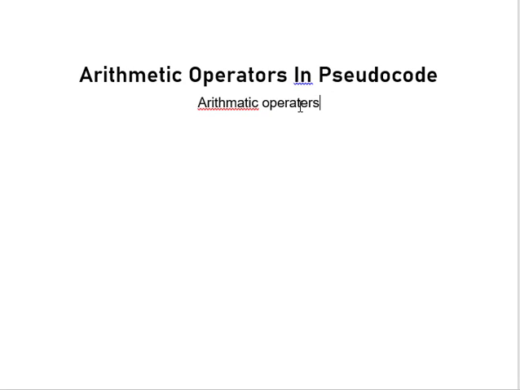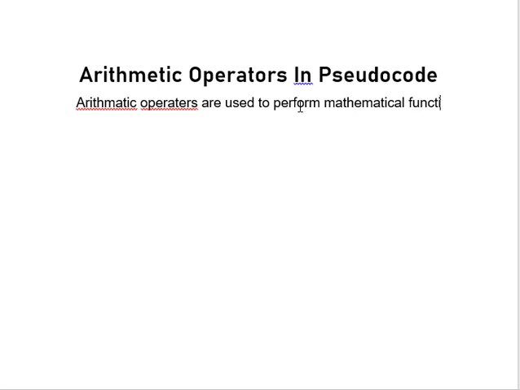So we can say that arithmetic operators are used to perform mathematical functions in a pseudocode. So let's dive into the video.